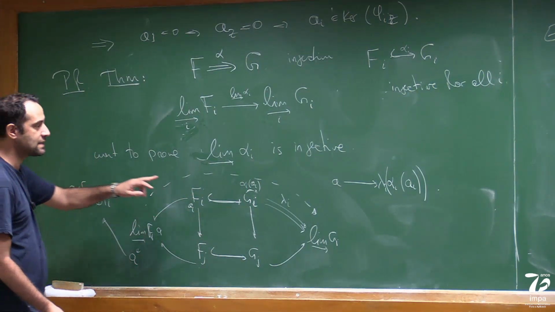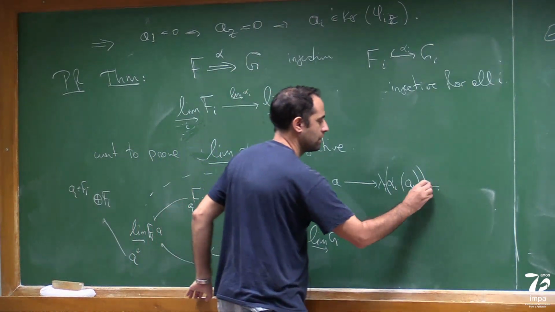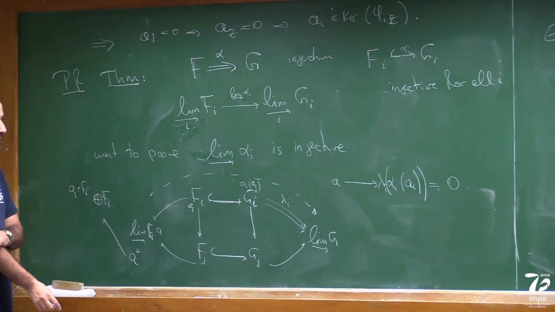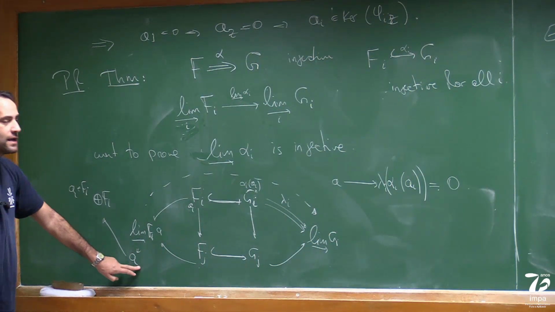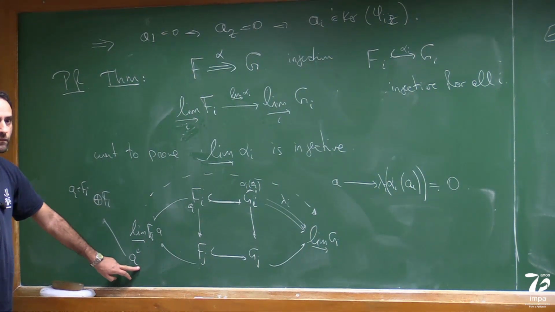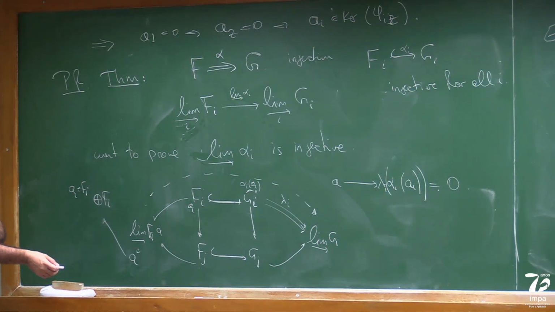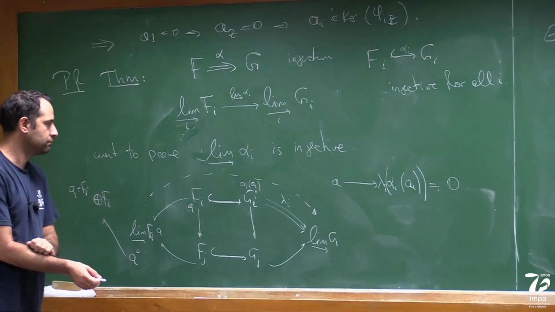Okay, so now I want to exploit the fact that, let's suppose that this guy goes to 0. So I want to prove that my A is 0. Okay. But that's on the nose.